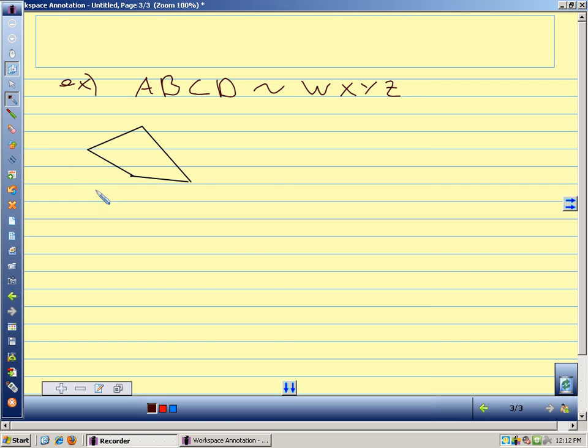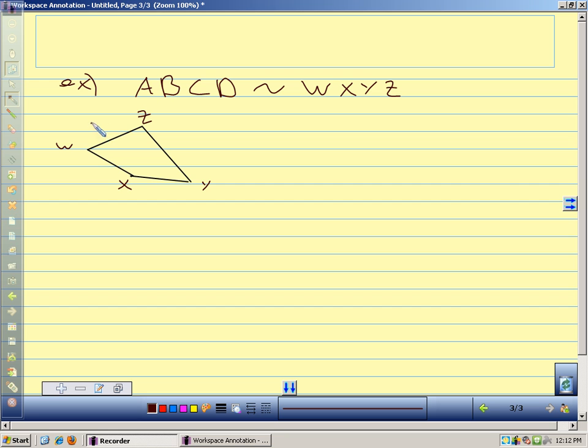And here's ABCD. Or sorry, this is WXYZ. And the sides of WXYZ, this is 10.5. This side is 14. This side is 7. And this side is 7.